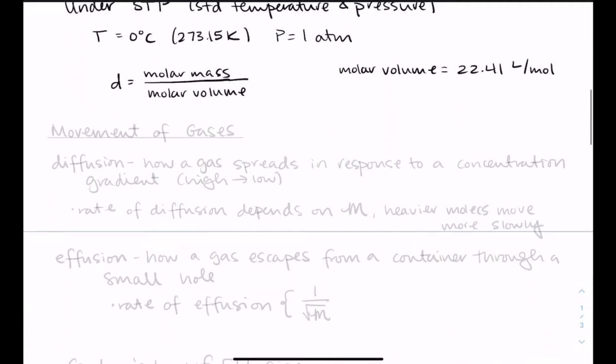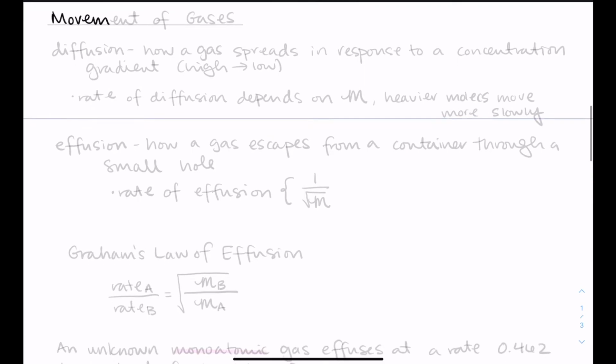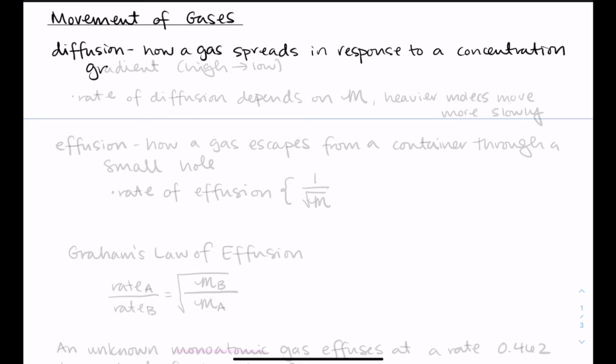Something special about the behavior of gases: there are different ways that we describe how they move. Diffusion is how a gas spreads in response to a concentration gradient. Your intuition here should work.